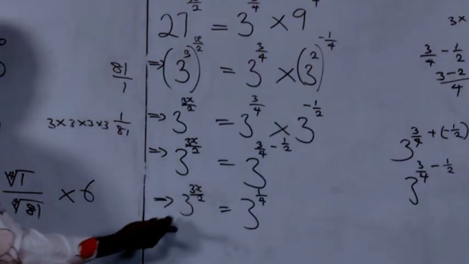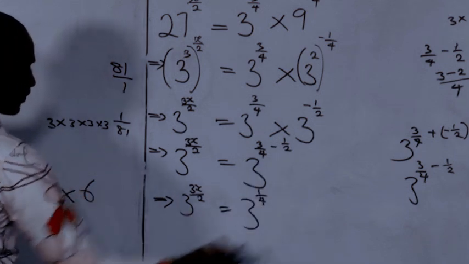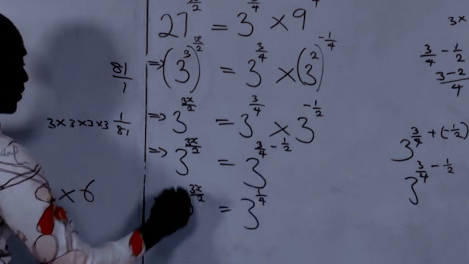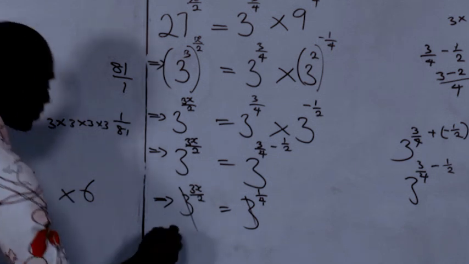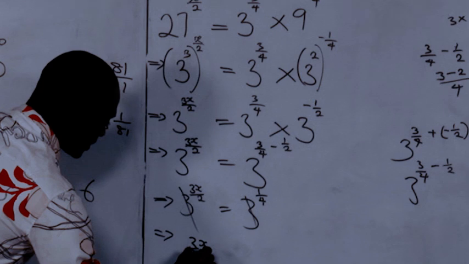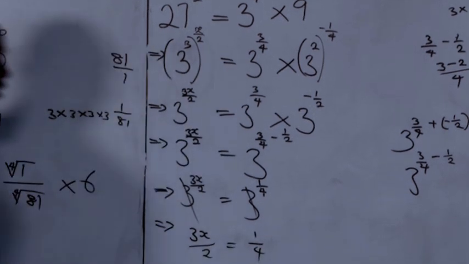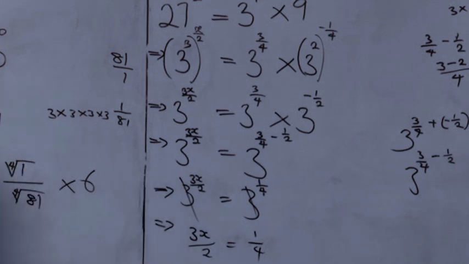Now, this is equal to this. And we have the common base. This cancels this, we'll be left with what? 3x over 2 equal to 1 over 4. With this, we can apply what we call cross multiplication.